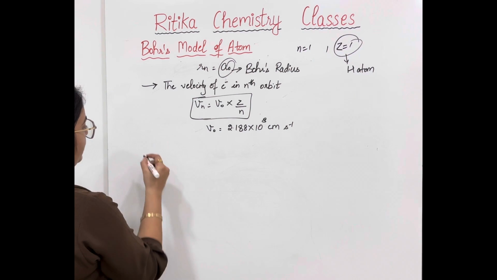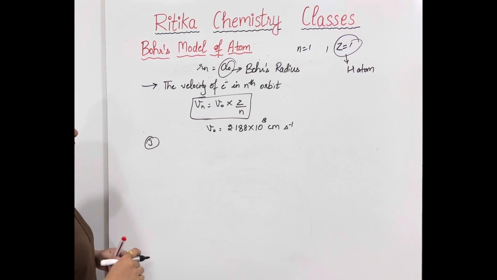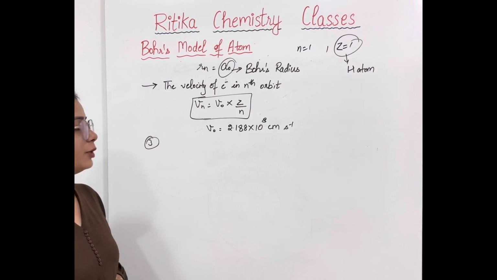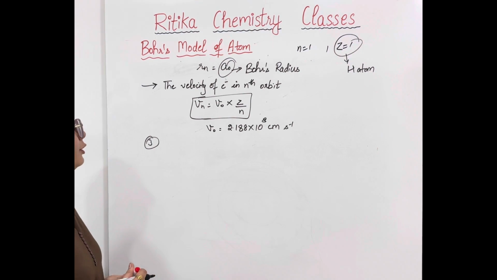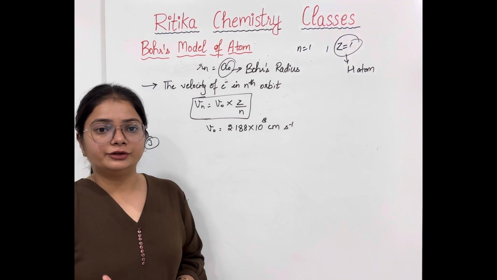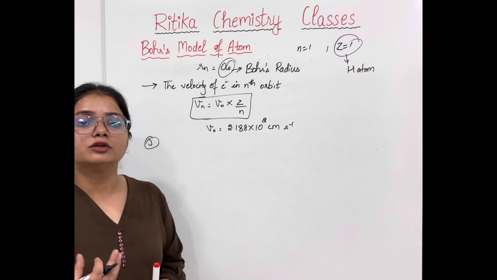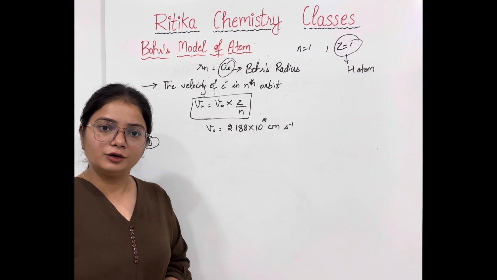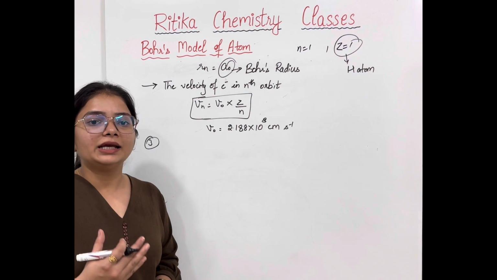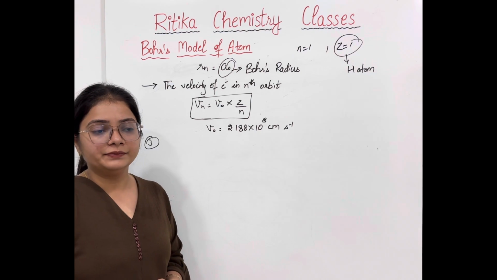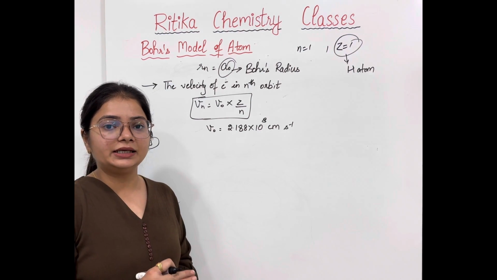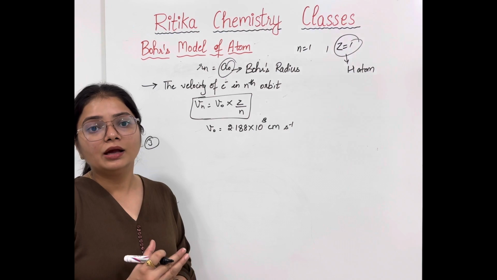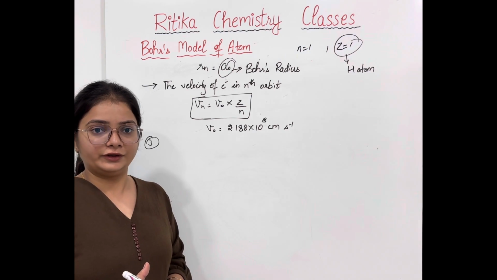Write down third postulate. Third postulate of Bohr's model of atom. As the electrons revolve only in those orbits which have fixed value of energy, the electron in an atom can have only certain definite value of energy and not any value of its own.